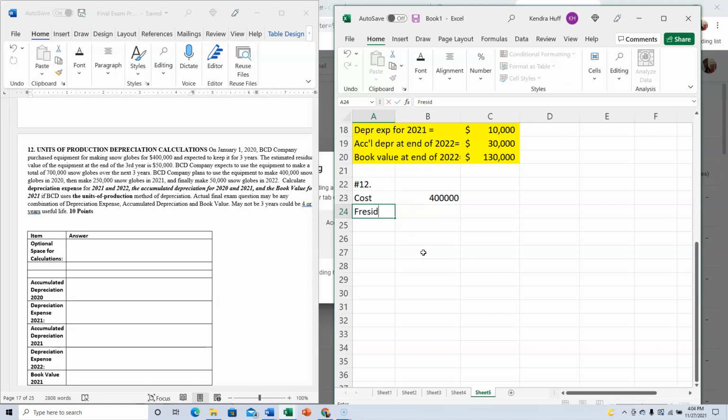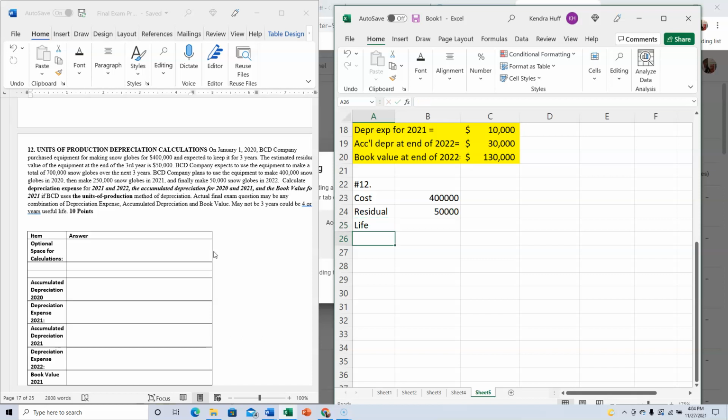Residual at the end of the 3 years is $50,000. All right, they expect to use the equipment to make a total of 700,000 snow globes over the next 3 years. The company plans to use the equipment to make 400 snow globes in 2020. Okay, let's see.